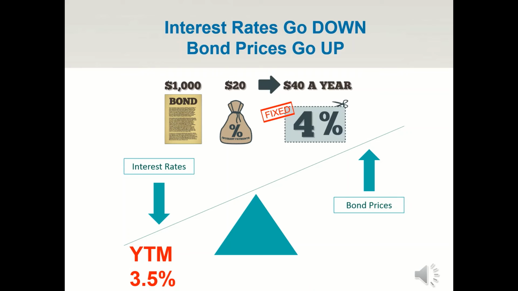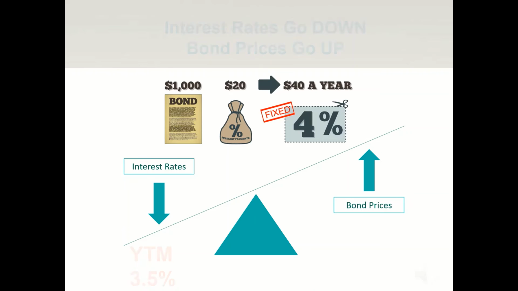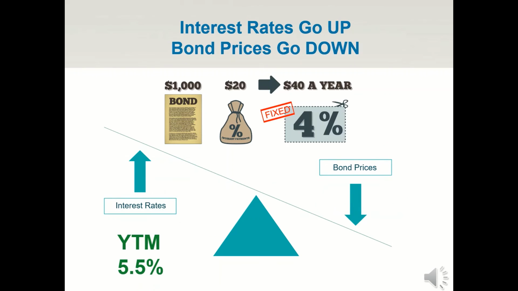Your 4% bond takes on a greater value and a larger price it will bring in the market. However, if you're holding a bond that was paying a fixed coupon rate of 4% and the yield to maturity, the market earnings, rose to 5.5%, now all other investments in the market are returning 5.5% right now. Your 4% bond is worth less, and it will bring a lower price if you want to trade it.